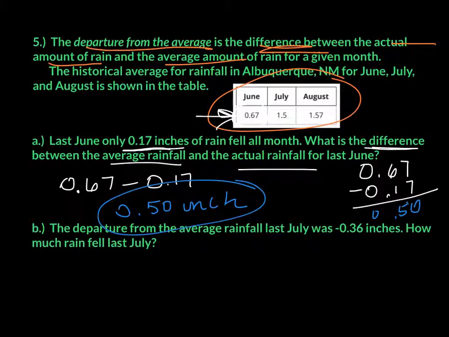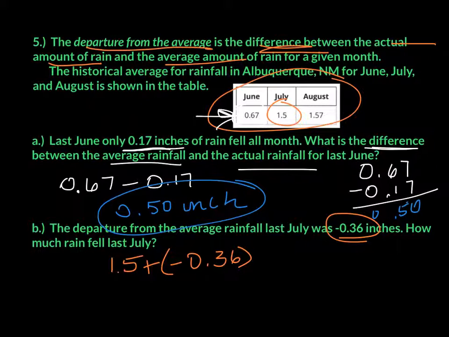Okay, and then the next one, the departure from the average rainfall last July, is negative 0.36 inches. So now we're kind of doing the reverse, but we're really just adding. Last July the average was 1.5. So I've got 1.5. I'm going to add my departure from the average because it's negative 0.36. Signs are the same. No, they're not. Signs are different. Find the difference.